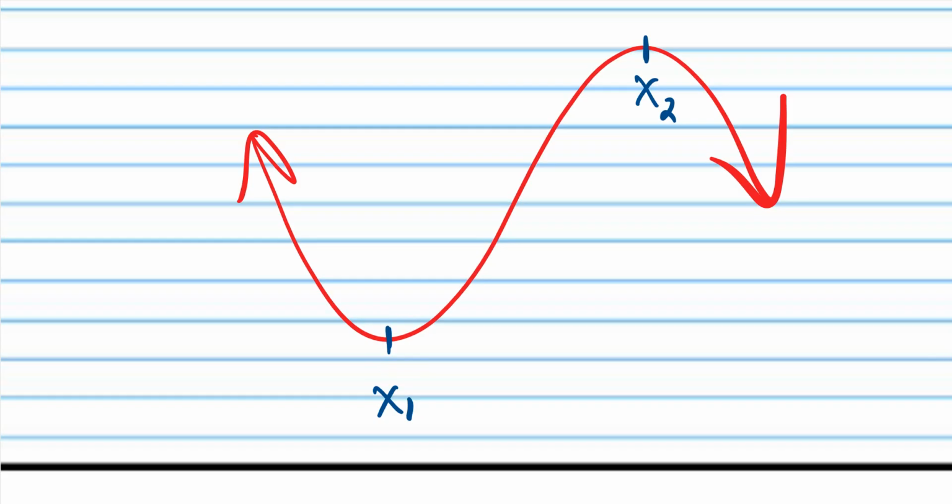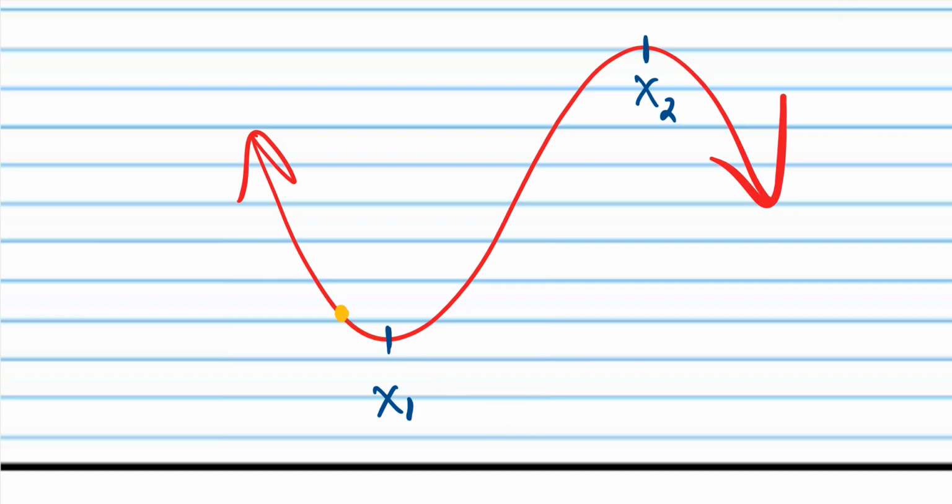Well, look at what's happening to the tangent lines as x gets bigger and bigger around this area. So you have a tangent line with a negative slope, and then the tangent line has a bigger slope.